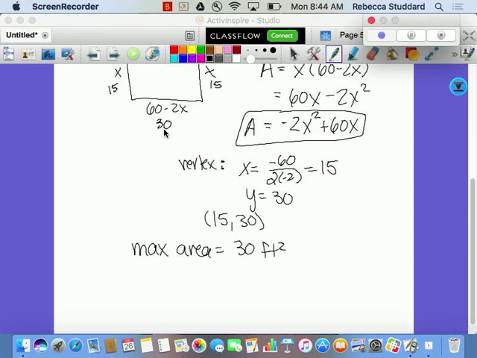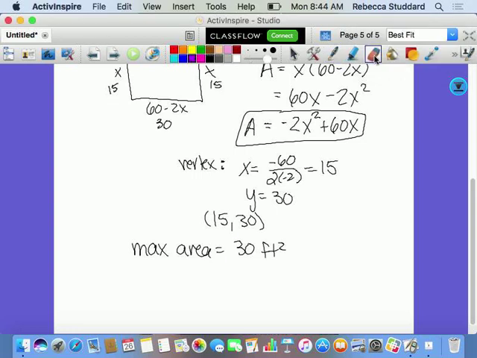So if this is 15, this is going to be 30. 15 times 30 is 450. So our max area is 450 square feet. Now, what dimensions give you that? 15 feet by 30 feet.